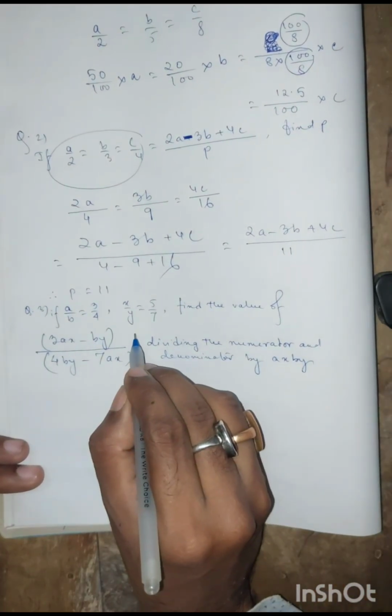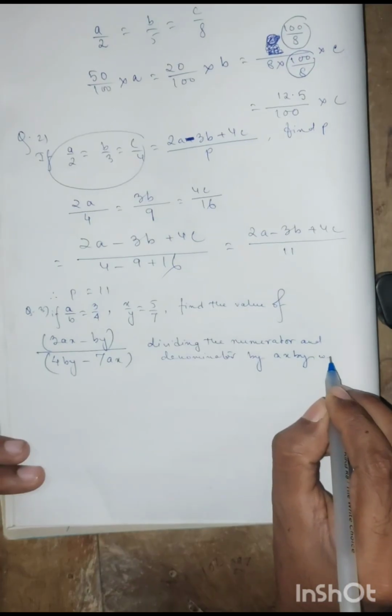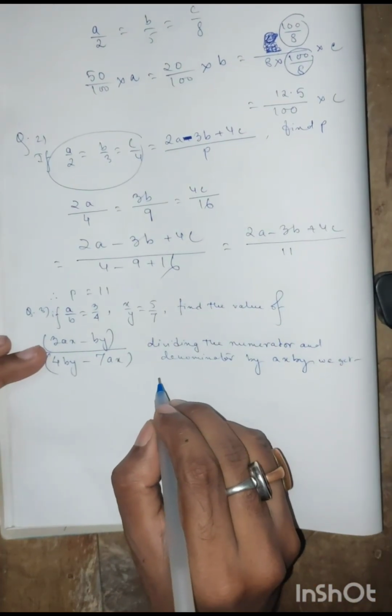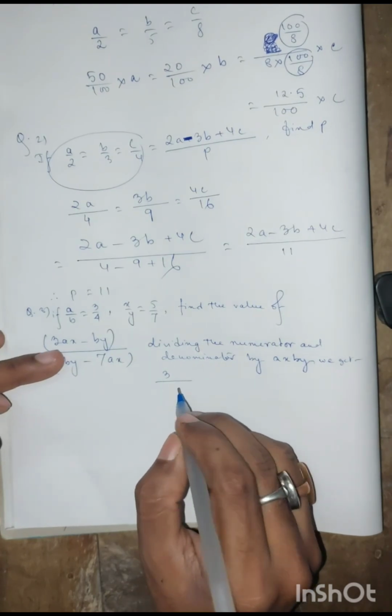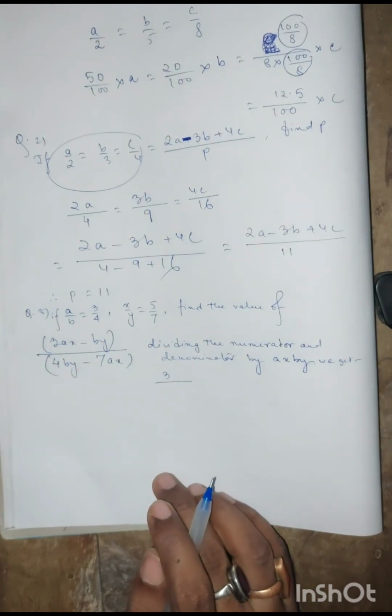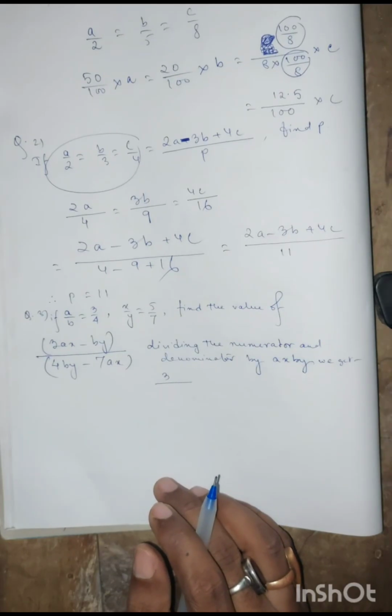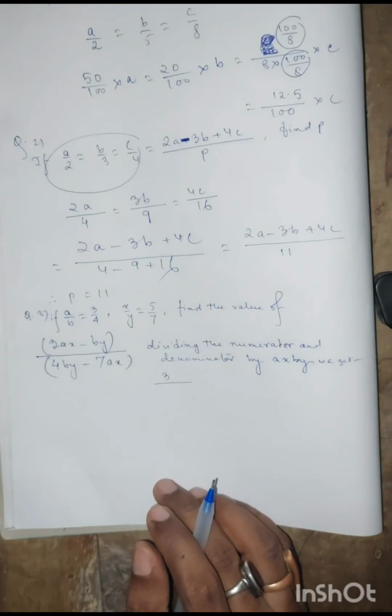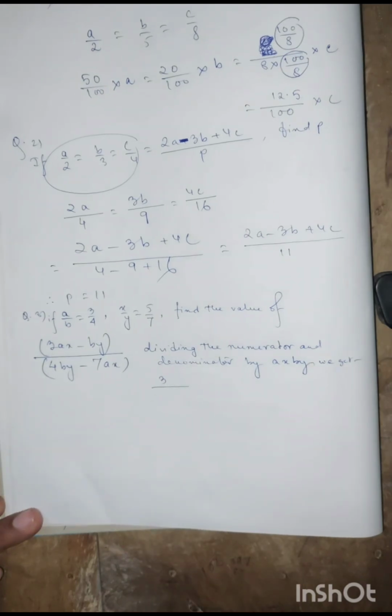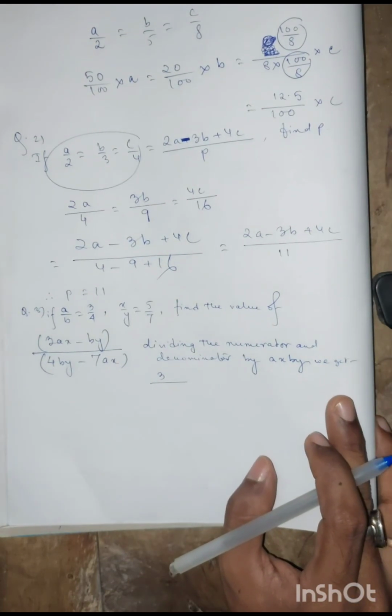Dividing the numerator and the denominator by ax by, we get 3 by, let us divide the numerator and the denominator by by only.